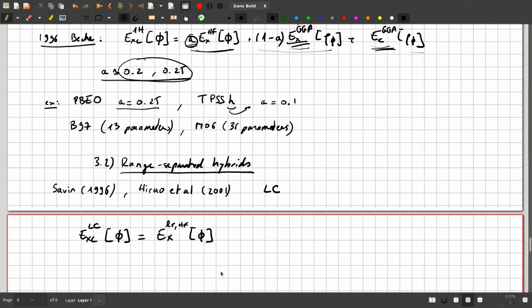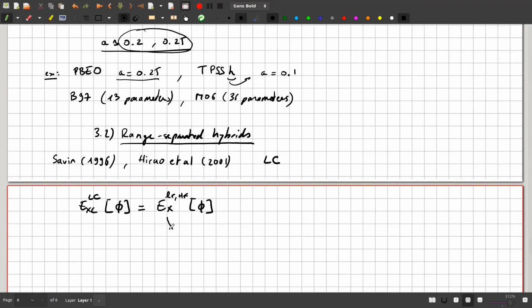Okay, so what does it mean? It means that in the expression for the exchange energy, you replace the Coulombic interaction between two electrons, 1 over r, by a long-range interaction. In practice, we often take this interaction made of this error function, erf of mu r over r. So if you plot this interaction, you will see that this is only the long-range part of the Coulomb interaction.